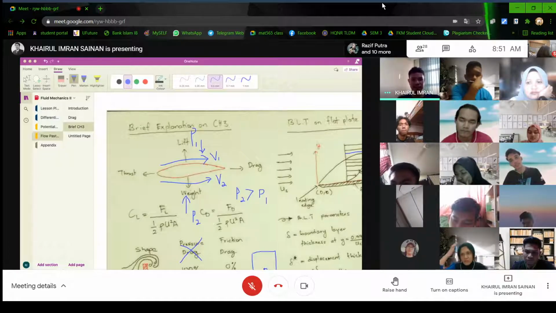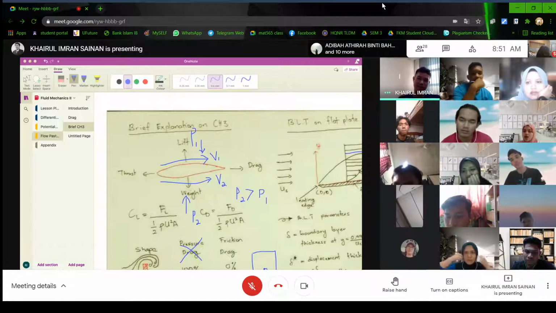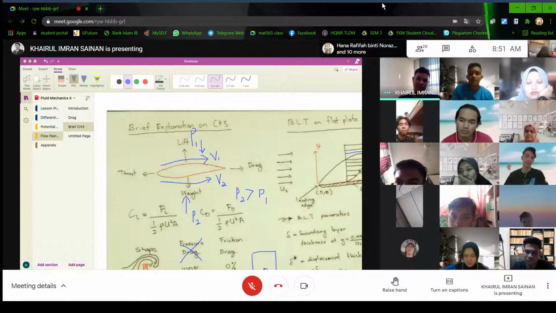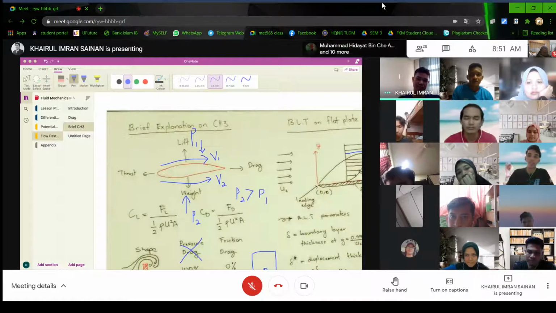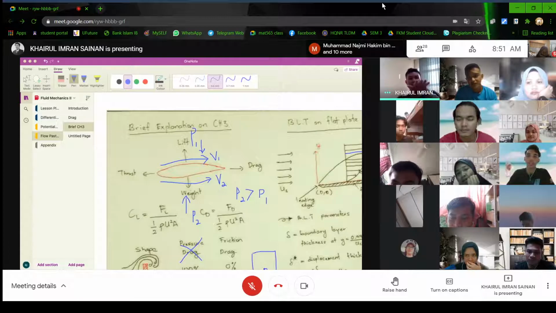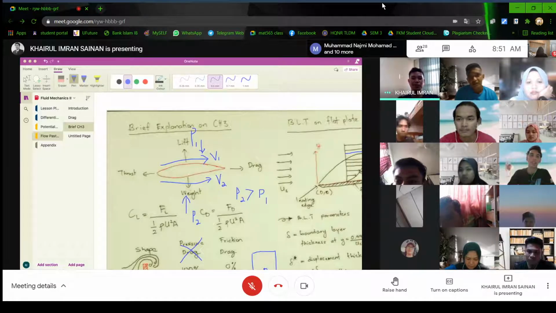But the thing is, it flows in what fluid? What does the aircraft move in? Aircraft move in between what? Fluid region. Some of you are mouthing the word.